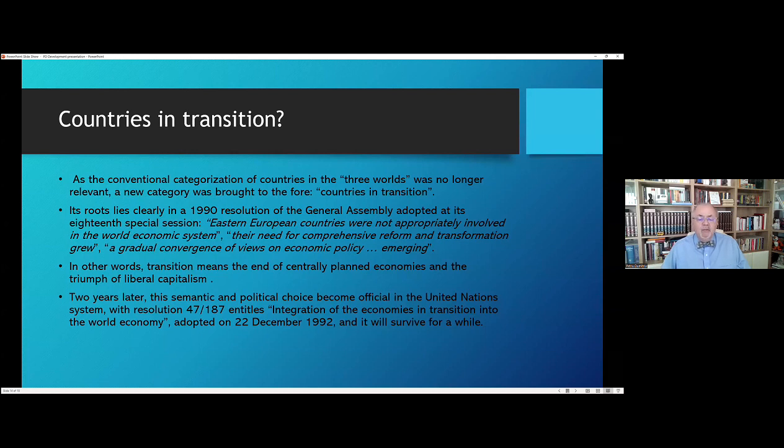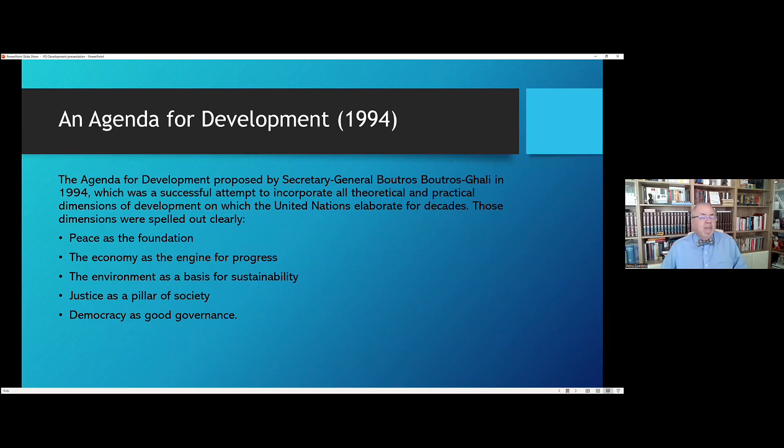So for a while, this notion stayed on the agenda, but then once some former communist countries sought membership of the European Union, the issue of transition was no longer an embraced concept, because some countries were obviously taking the transition towards the European Union.